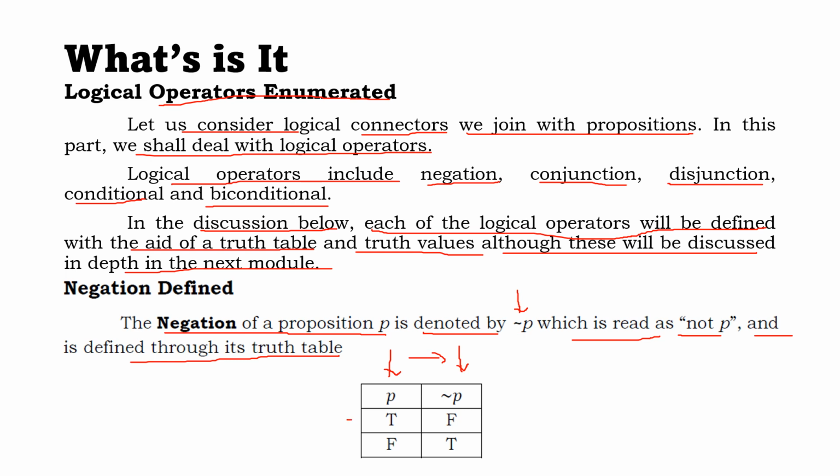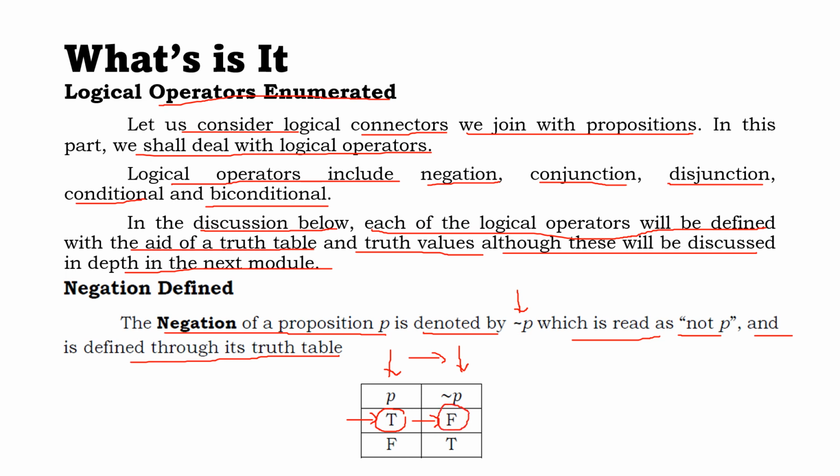So if the truth value of your original proposition P is true, then the negation of proposition P is now false.